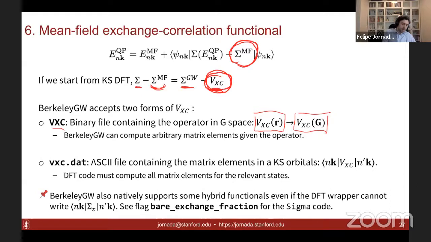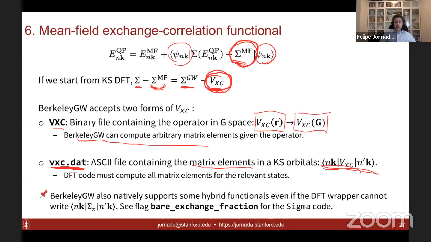If you do that, BerkeleyGW will automatically compute matrix elements associated with this exchange-correlation operator for you. The second option is to pass to the code another file called vxc.dat. This is an ASCII file instead of a binary file, and it directly contains the matrix elements associated with this operator, which are these ones.